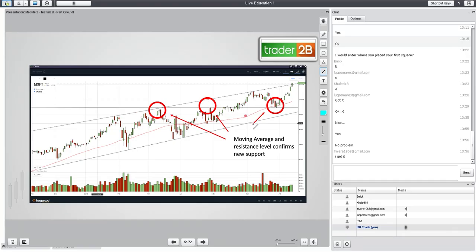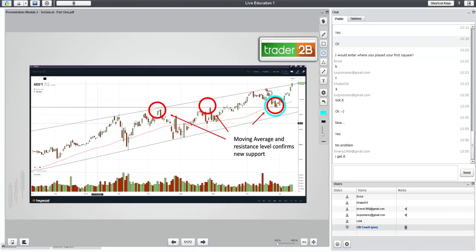So one of the key things I want to mention here is that specifically in this scenario, we can see that our support resistance level has been given more merit because our moving average is now traded here too. So you can see that moving average line as it's going up, where it's right as the price came back from breaking the resistance.